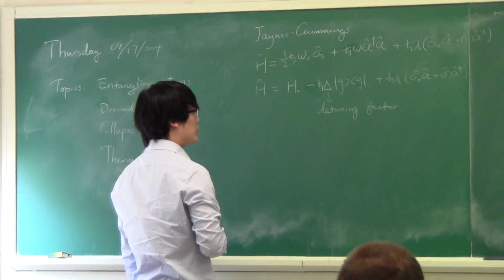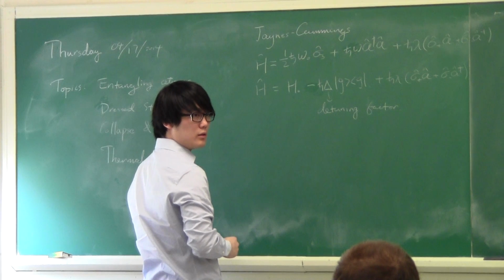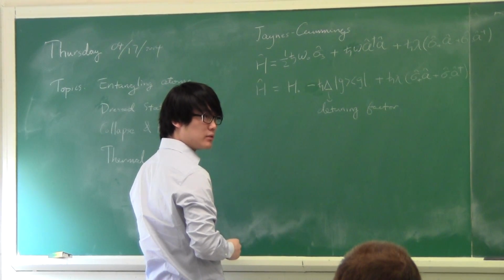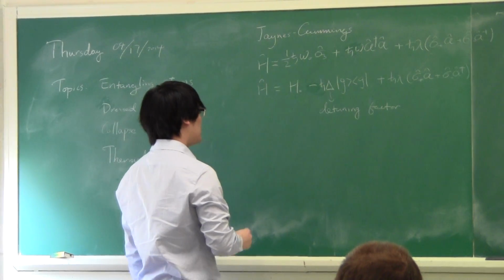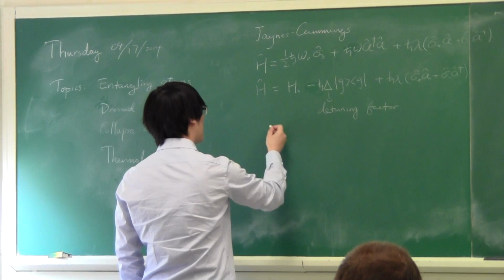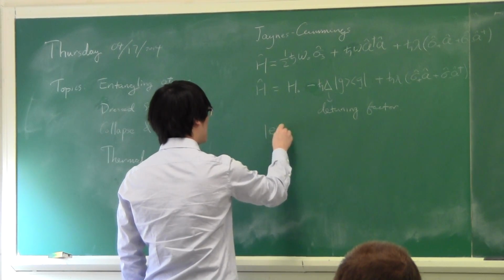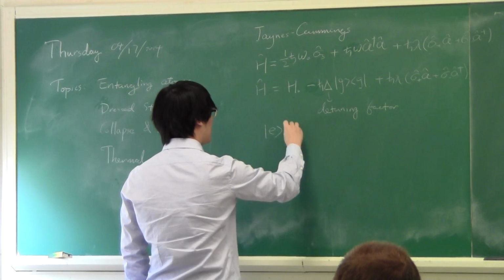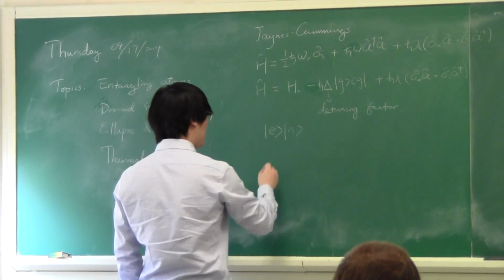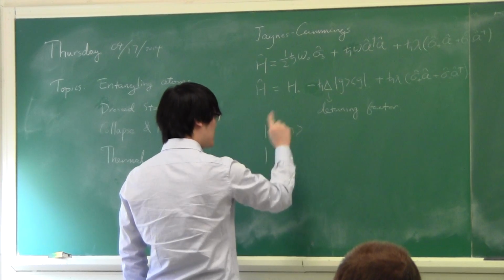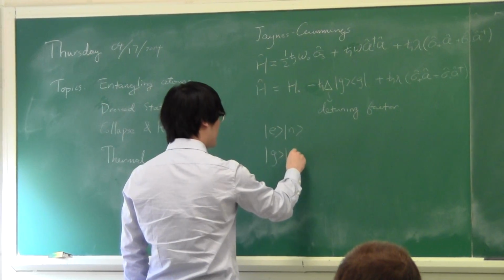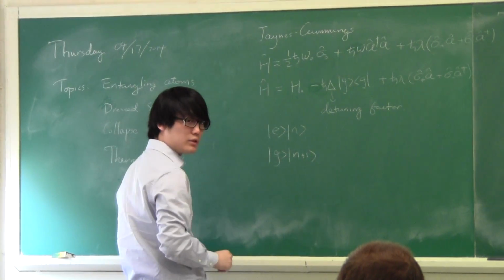And we solved this problem for the case of no detuning, so when the atom is exactly resonant with the cavity. The two states we were concerned with were the atom being in the excited state and the field being in the number state n. This can be coupled by this Hamiltonian to the atom in the ground state and the field in the n+1 number state.